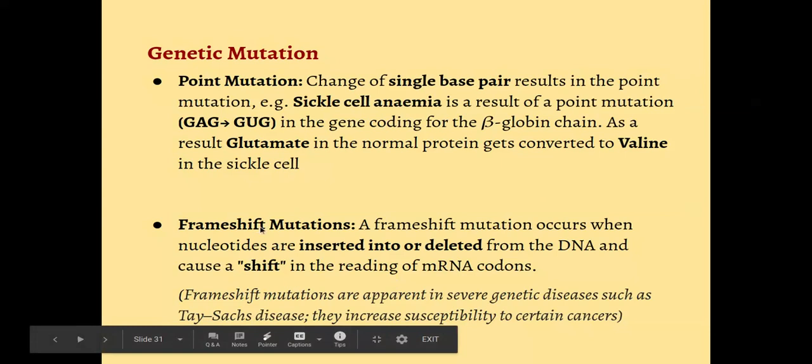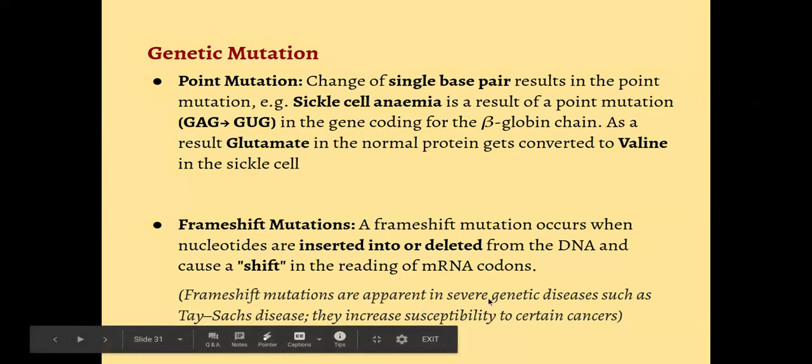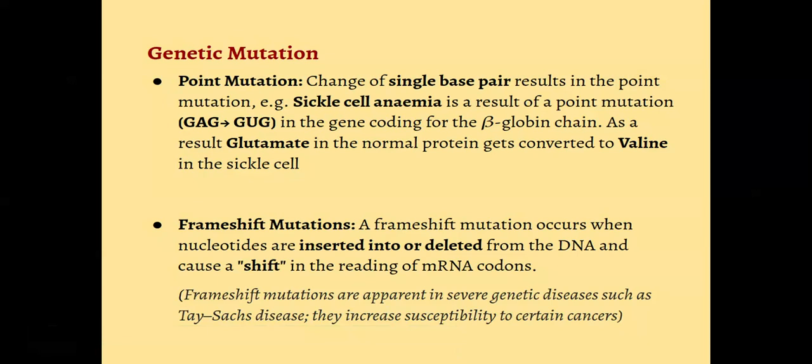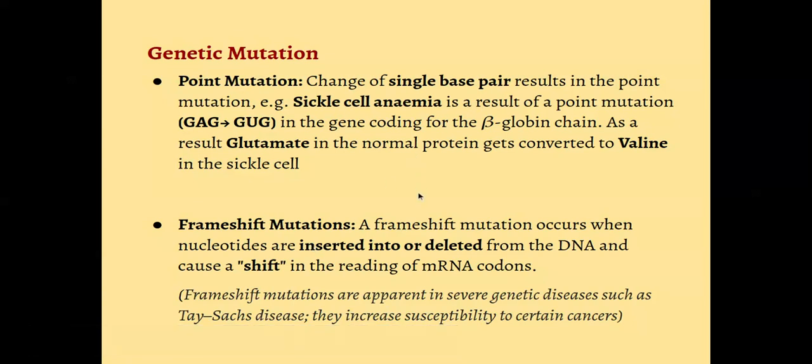And why I focus on frame shift mutations a lot is that these are the causes of several genetic diseases, such as Tay-Sachs disease and certain cancers, all attributed to such mutations taking place in the DNA of individuals. So understanding frame shift mutation does help a lot in studying genetic diseases and disorders.